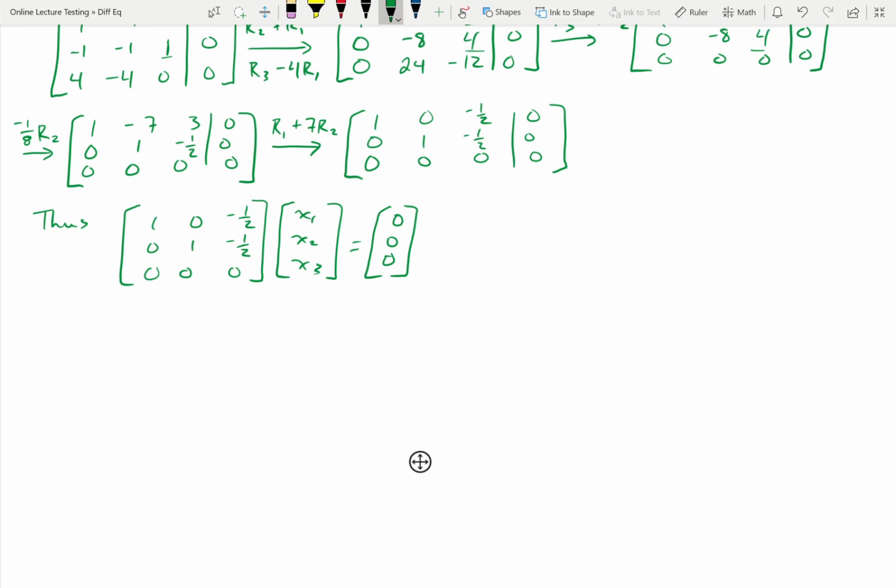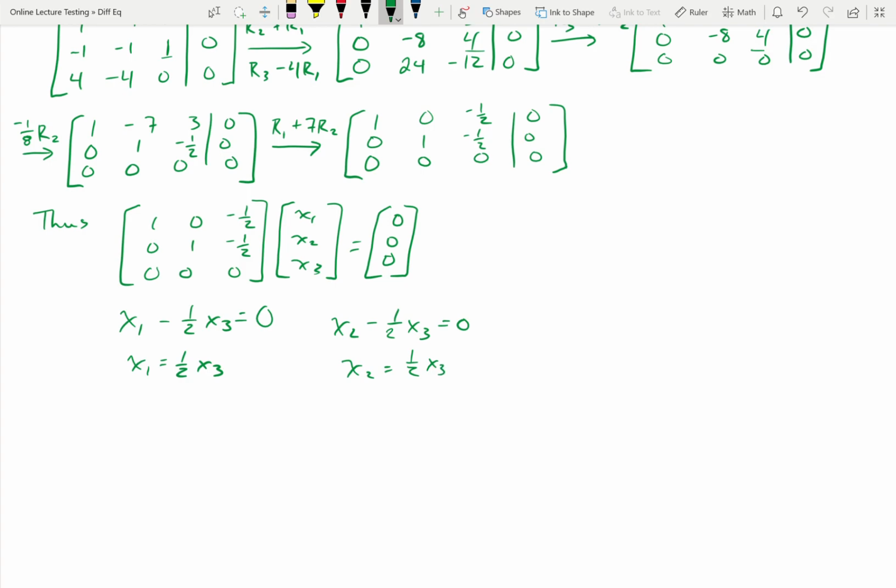And if we multiply these in, x1 minus 1/2 x3 is equal to 0. Well, this becomes x1 is equal to positive 1/2 x3. And the other equation, when I multiply this row times this column, I get x2 minus 1/2 x3 is equal to 0. So x2 is equal to 1/2 x3.